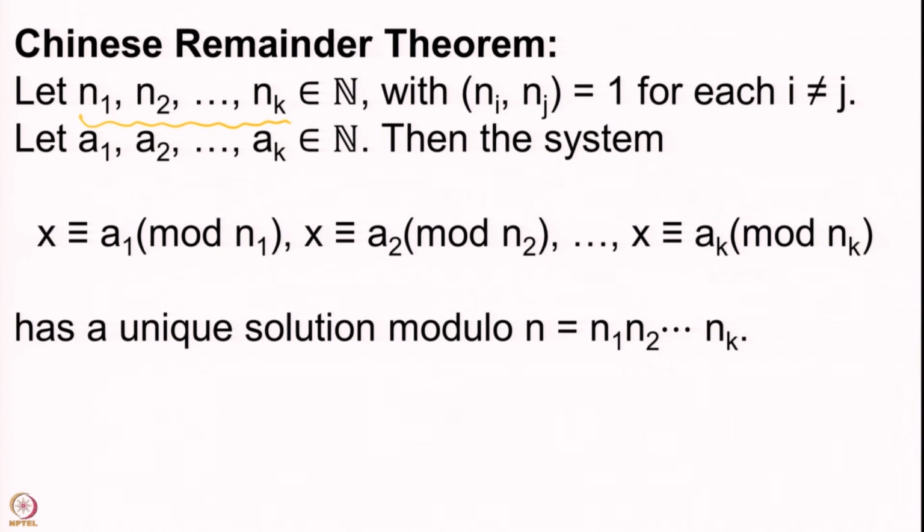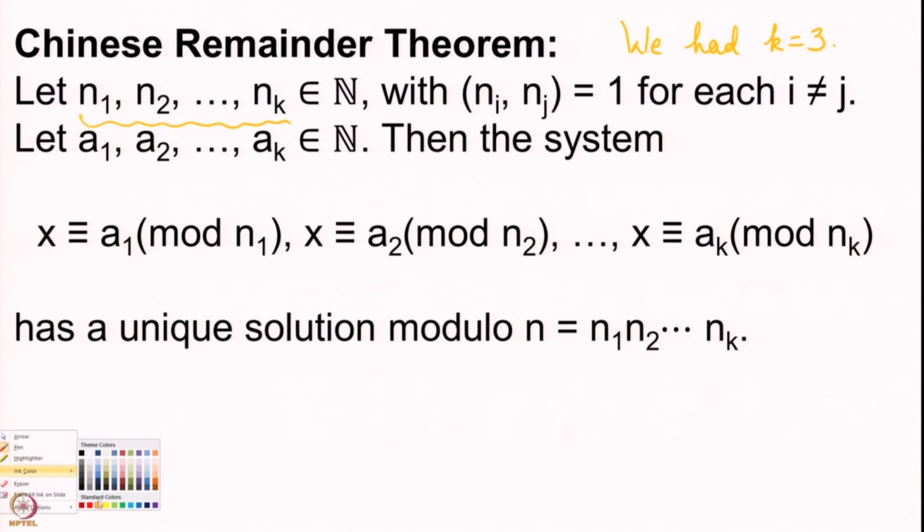In our problem we had k equal to 3. The only condition, and that is a very important condition, is that the ni and nj be co-prime whenever i is not equal to j.